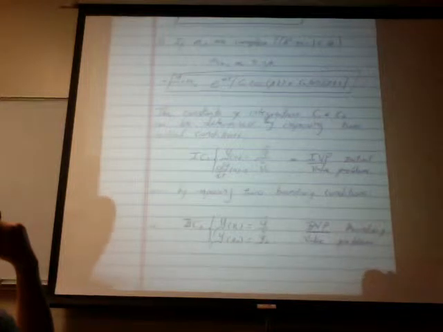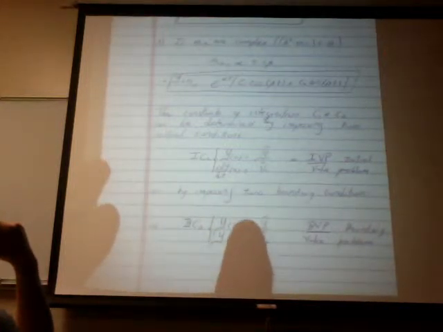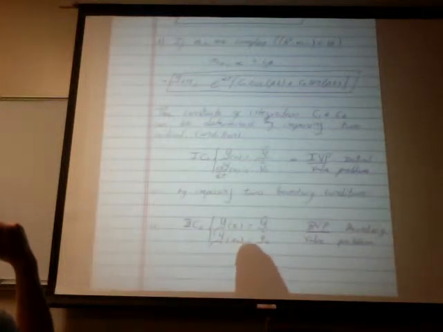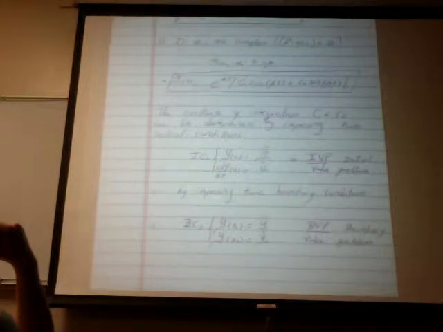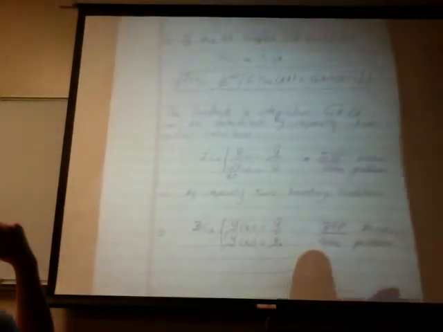In this case, it's a 1D problem in x. So we need a condition at x equals x1 and another condition at x equals x2, assuming that x1 and x2 are the bounds of the problem. And by the way, this is just an example of how the boundary conditions can be. There might be other kinds of boundary conditions, but we'll touch upon that later when we concentrate on boundary value problems.